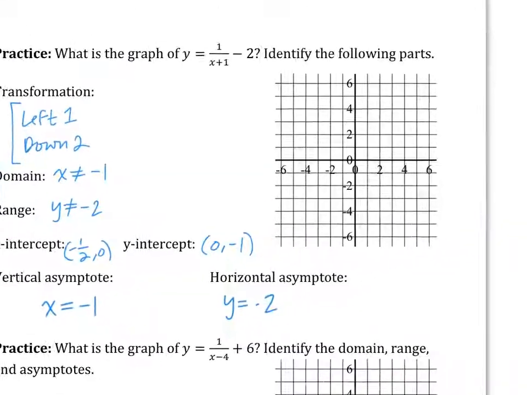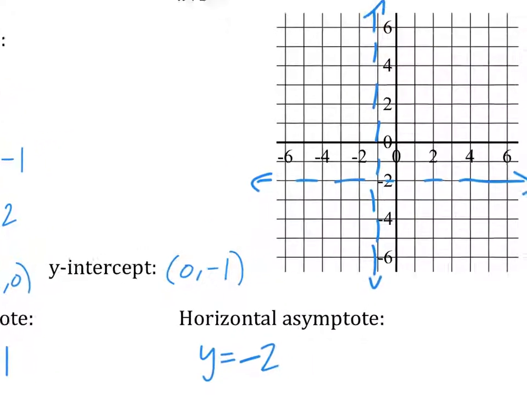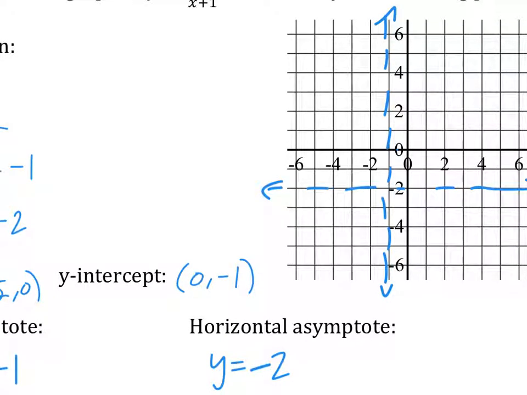All right. So we are going to graph this now. First thing you want to do is always just get your asymptotes on there. X equals -1. Y equals -2. At least get the asymptotes on there. Second thing is you want to get all the points that you know on there. The only points that we know are the x and y intercepts. So at least get those on there. -1/2, 0, and 0, -1.